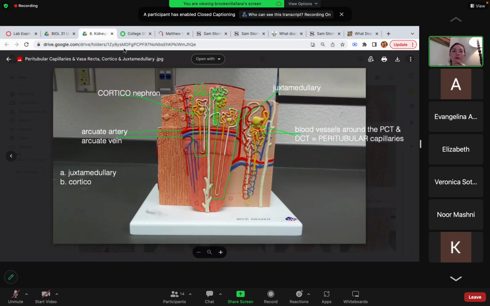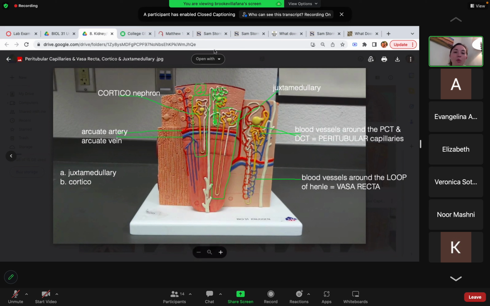Now the blood vessels that are around the loop of Henle are called the vasa recta. So for this model, we really like this view because we can ask you 4 things really clearly: which type of nephron, cortico and juxtamedullary, and then the 2 blood vessels, peritubular capillaries and vasa recta.